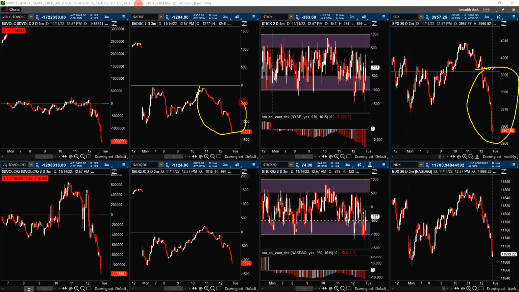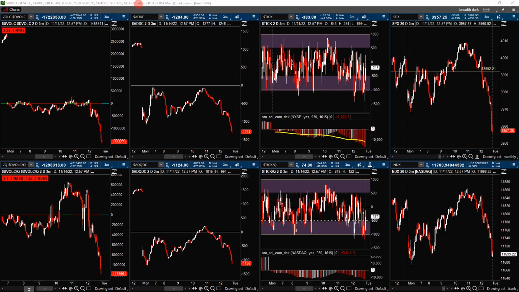And you see the advance-decline just came back down, and notice that near the open it came down here, underneath, with more than 1,000 issues declining versus advancing, and finished the day at minus 1291. So there were 1,291 more declining stocks than advancing stocks. And the other thing is the cumulative tick here.